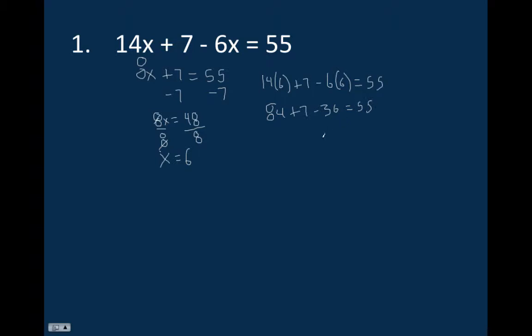Well, we know 84 and 7, that's 91, minus 36 equals 55. 91 minus 36, well, 91 minus 30 is 61, minus 6 more is 55. So 55 equals 55. That is true. That means x equals 6 is a solution.